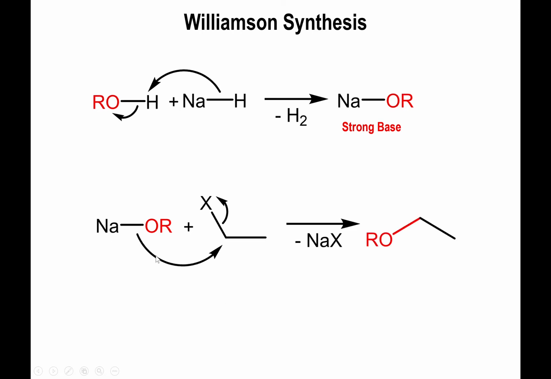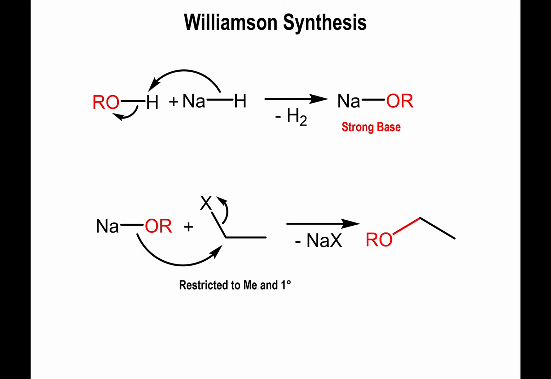So when the alkoxide attacks that electrophilic carbon and the leaving group takes off, that's how you end up forming your ether functionality. But for practical purposes, this is really only going to work if your carbon bearing the leaving group is methyl or primary. If you've got a secondary carbon, you're probably going to start doing eliminations.